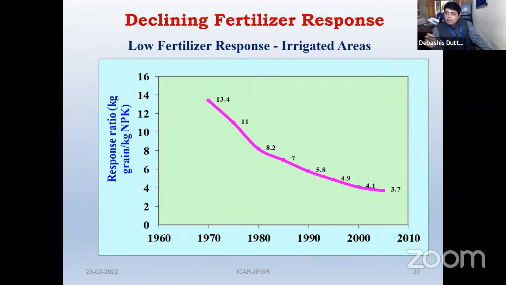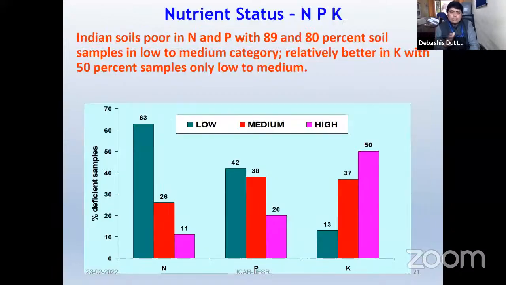We recommend 10 tons of FYM per hectare, then we apply 80-40-40, to improve the soil response to the application of chemical fertilizer, whatever we are applying in the soils. So there is an important role and response of compost in the soils.